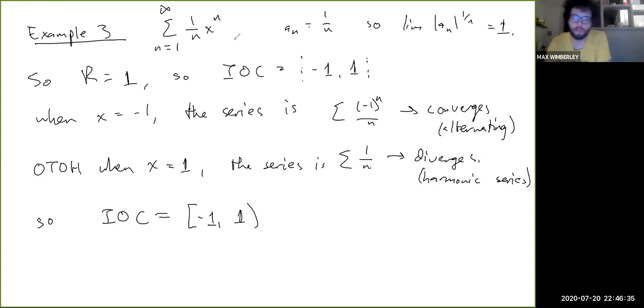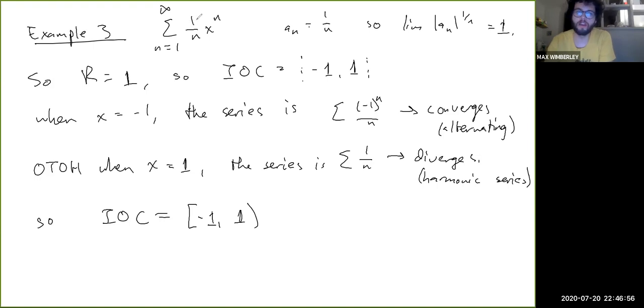And actually, it's almost always half open, half closed when, if the absolute value of x equals r, the terms end up decreasing like 1 over n, basically.